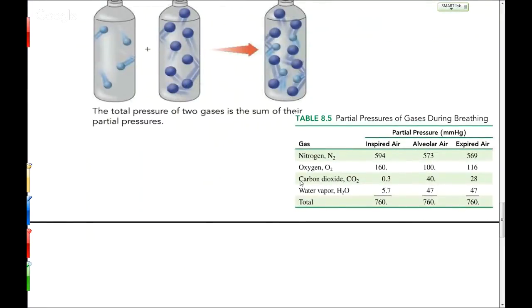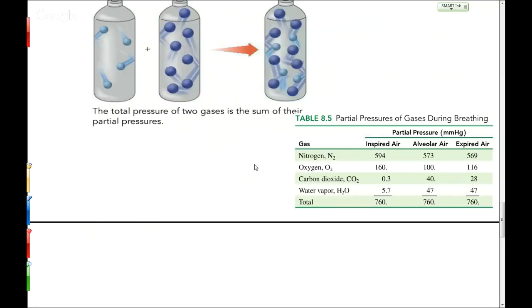So what this is showing is, let's say you have 1 atmosphere of air, 760 millimeters of mercury, and you inhale it. So that first column is what's the partial pressure of each gas of the air that's going in. You can see it's mostly nitrogen, then oxygen, with some carbon dioxide and water vapor.